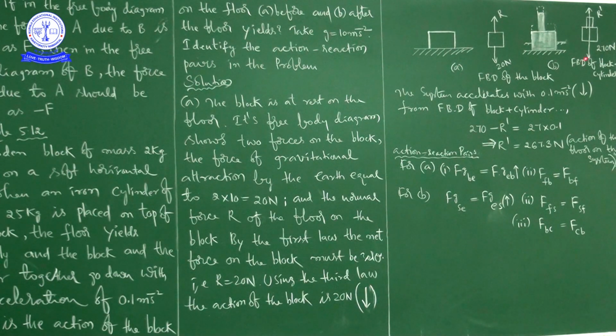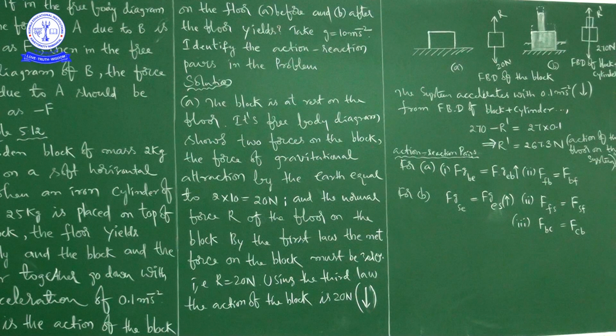Here one important point is, we should not keep the internal forces in mind. You have to consider only the external forces, right? Okay. So here you just have to apply Newton's second law of motion. Then you can write 270 minus R dash is equal to 27 into 0.1, from the free body diagram of block plus cylinder.